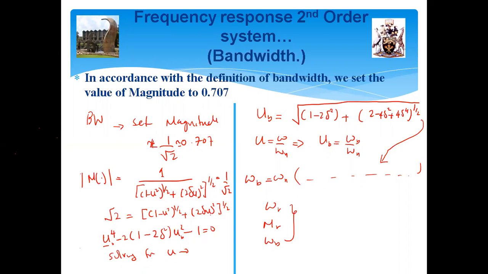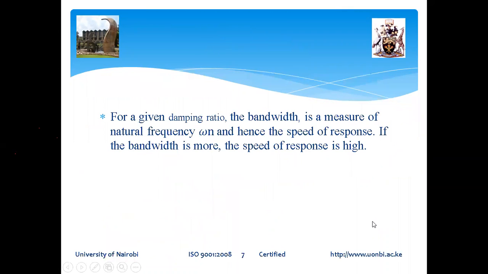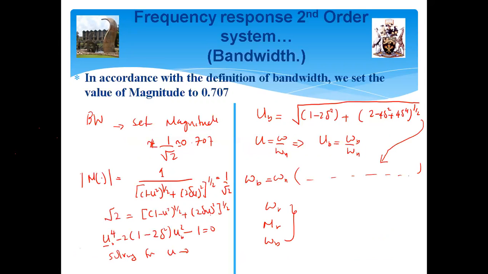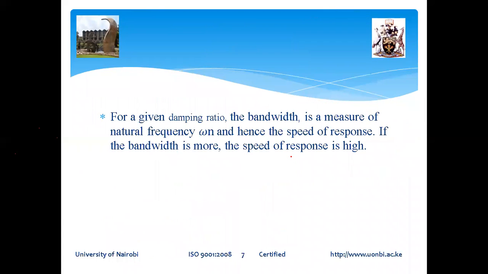What we want to see next is that for a given damping ratio, the bandwidth is actually a measure of the natural frequency, and hence the speed of response.